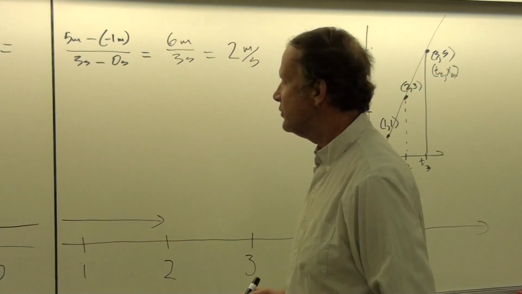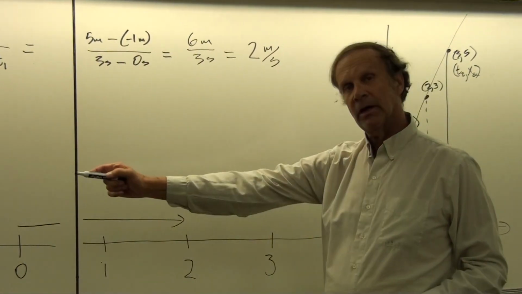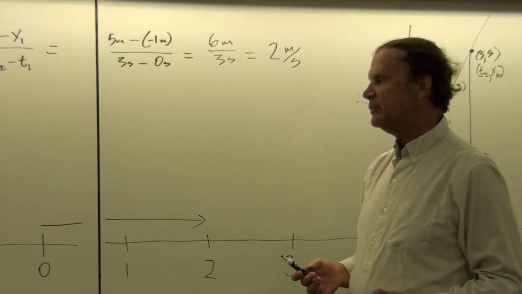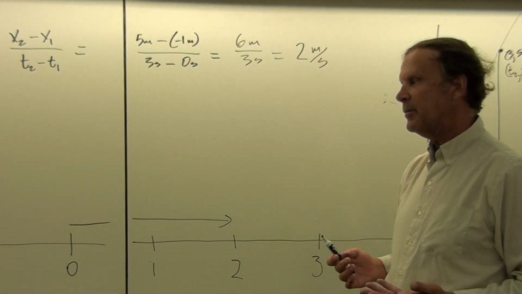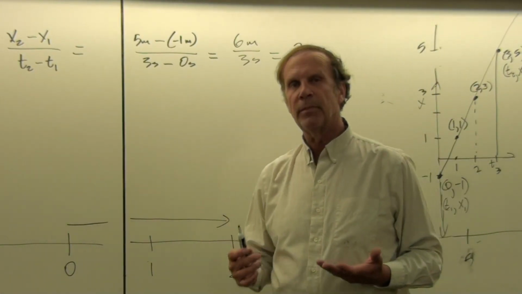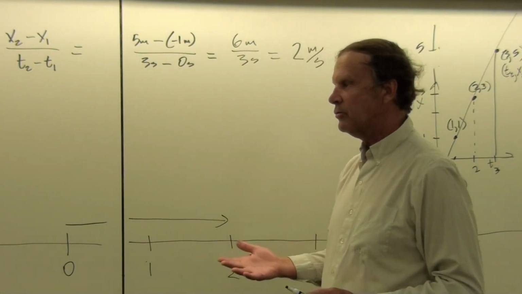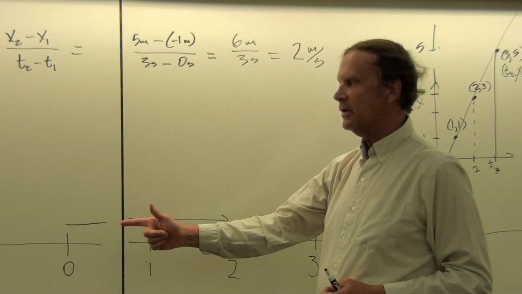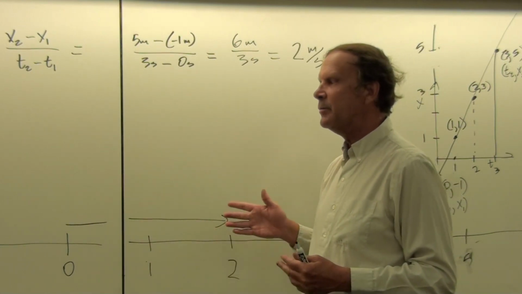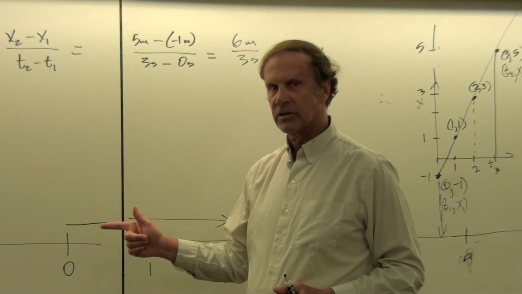And now what if I turned around and I went this way, but with the same speed? Okay, so remember that a vector has a magnitude and a direction. So if I turn around, but I keep the magnitude the same, then all I've changed is the direction.